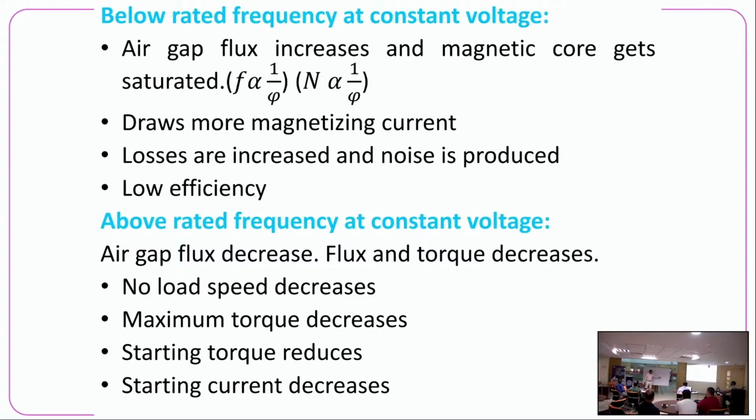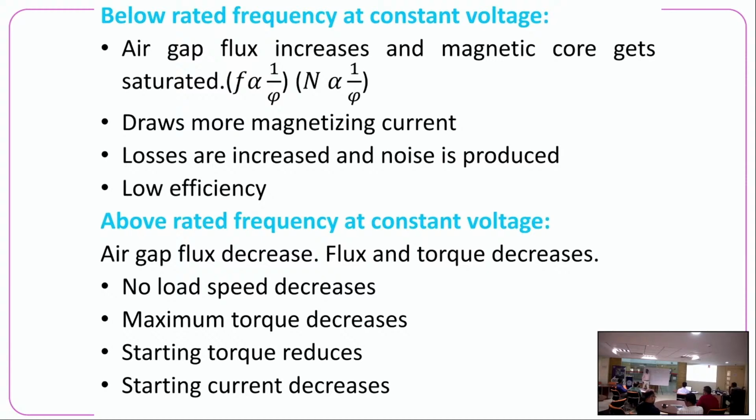If we reduce the frequency, keeping the voltage constant, we are reducing the frequency to reduce the speed, but we have not changed the voltage. So what happens? Flux will increase. Because in induction motor, the voltage equation, applied voltage is nearly equal to root 2 pi, which is 4.44, frequency into flux into turns per phase into winding factor.